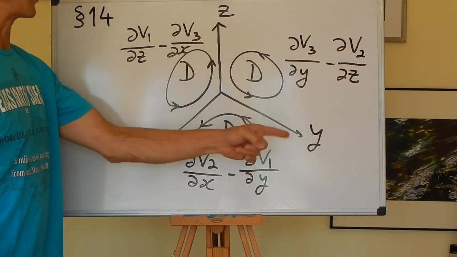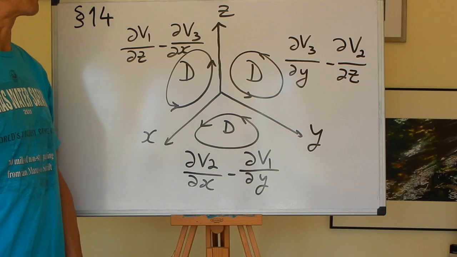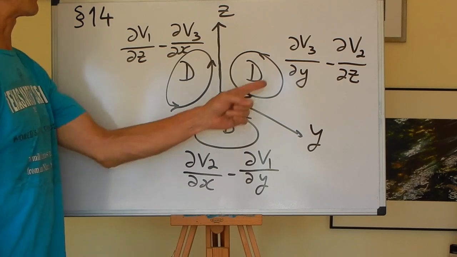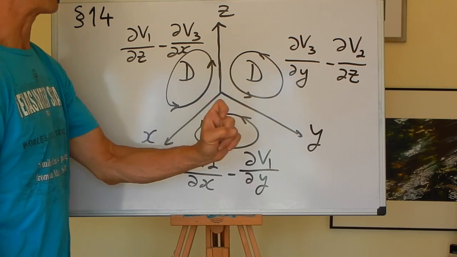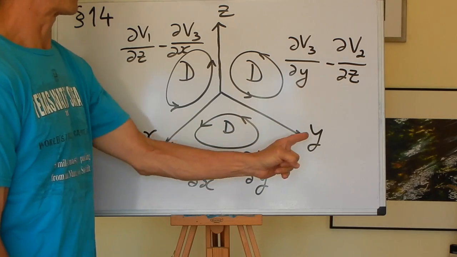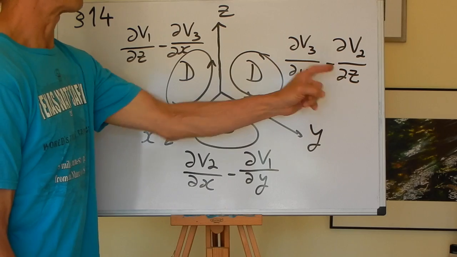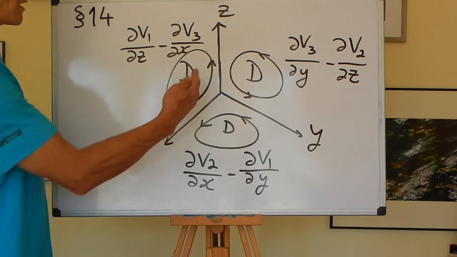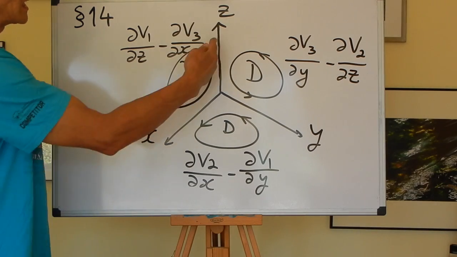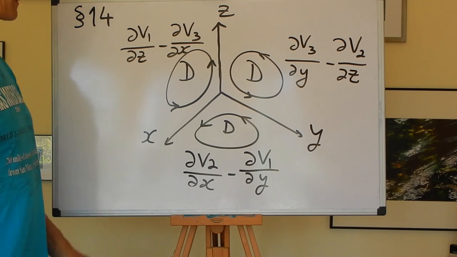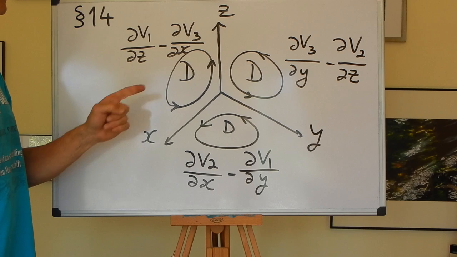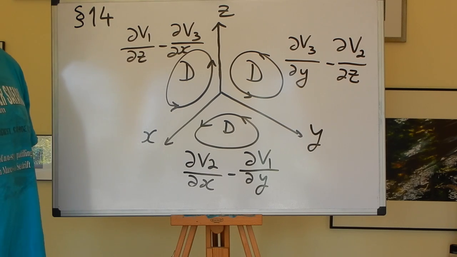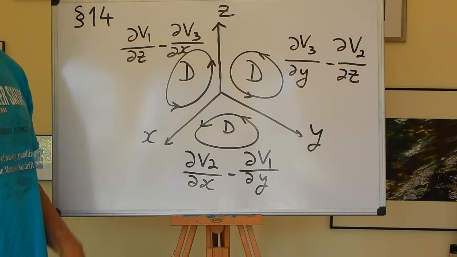In the yz plane, y is the first variable, and so we get the derivative of the component along z with respect to y, minus the derivative of the component along y with respect to z. In the xz plane, z is the first variable, and so we get the derivative of the component along x with respect to z, minus the derivative of the component along z with respect to x.